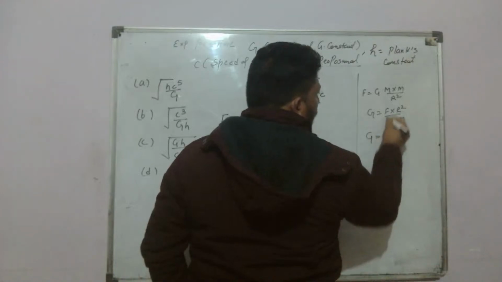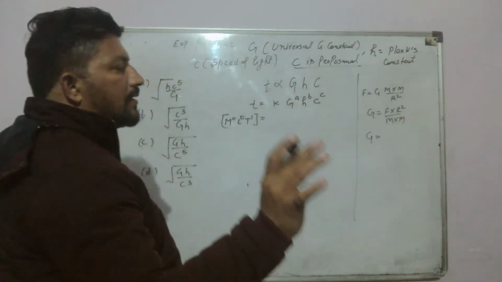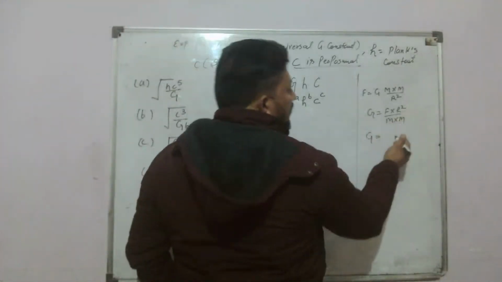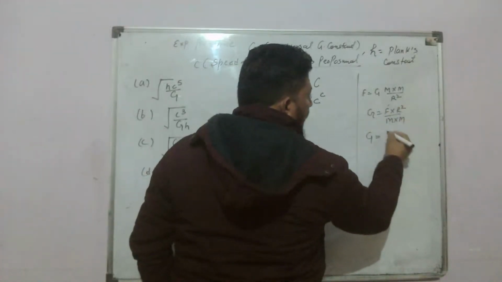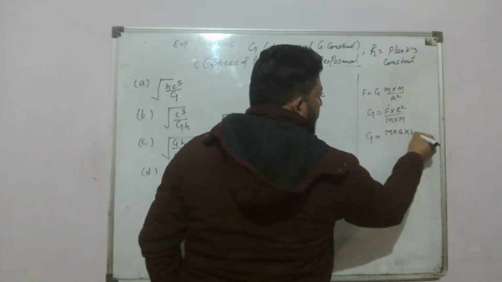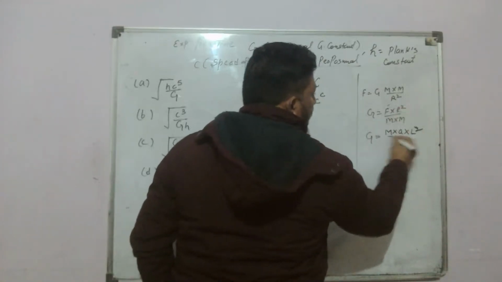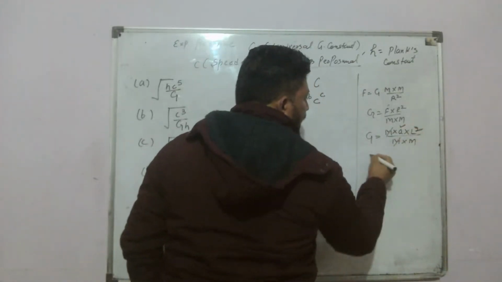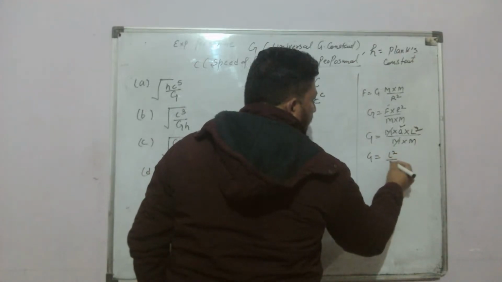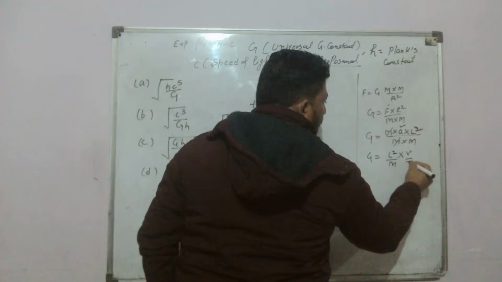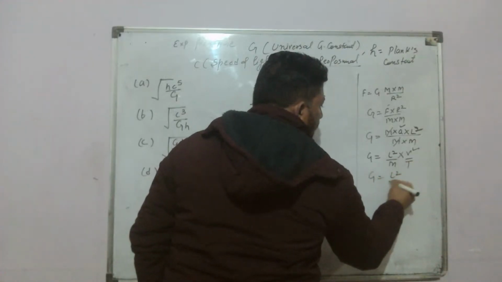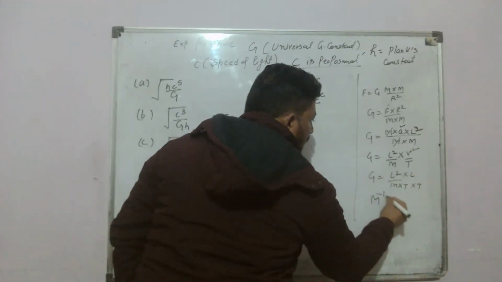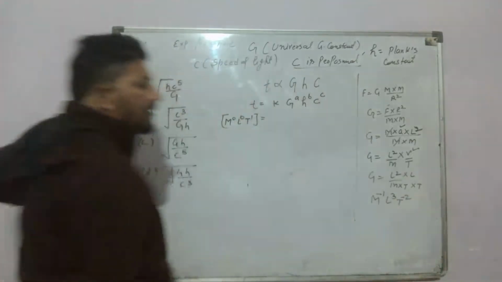Our target is to reach M, L, T. Radius means length, F is M into A, so G is equal to L square divided by M multiplied by A, where A is V by T, and V is L by T. So G is equal to L square by M multiplied by T multiplied by L multiplied by T. It means the formula of G is M minus 1 L3 T raised to power minus 2.